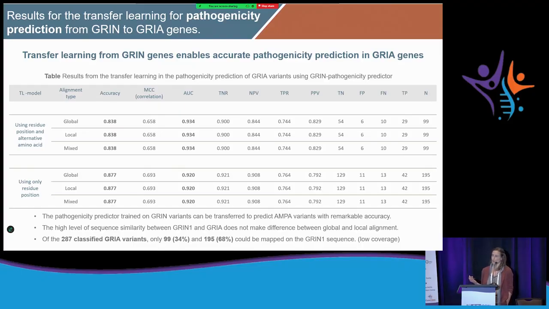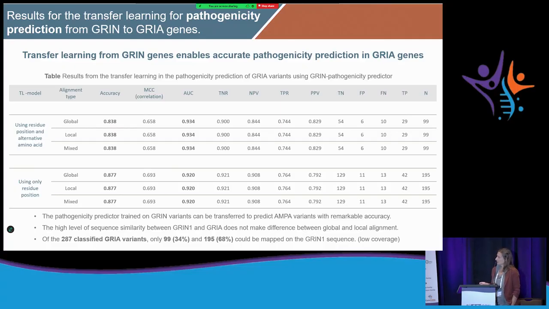This means that what really drives the prediction of pathogenicity is likely just, for these receptors, the position on the structure. In this second model, it's not even required that the reference residue is the same. And so we achieve a very high AUC, which is a measurement of how the predictor performs from 0 to 1, and it's around 0.92.